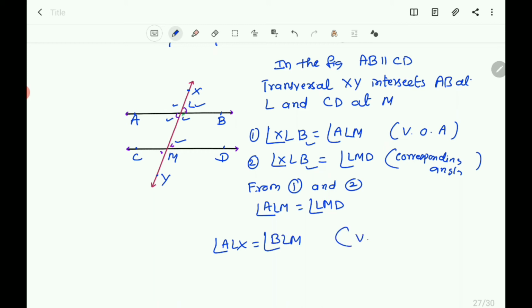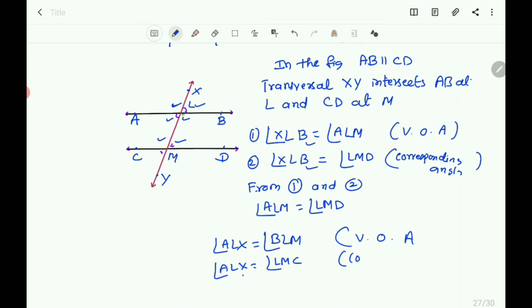Same reason you can give, they are vertically opposite angles here. And also angle ALX is equal to its corresponding angle CML, or LMC. Here ALX and LMC are one pair of corresponding angles. So they must be equal.